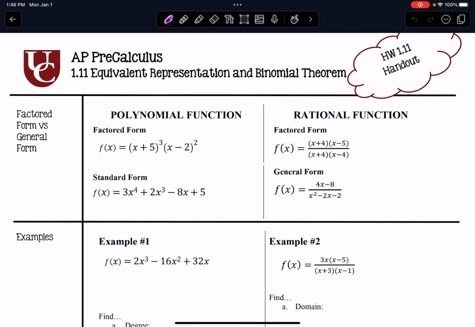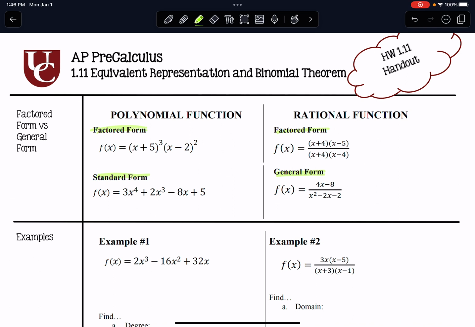I am going to go over lesson 1.11, equivalent representation and the binomial theorem, looking at polynomials and rational functions. So, tackling our notes, we are going to talk about two forms first, the factored form of polynomials and the standard form, and then over here the factored form of rational and the general form of rational.